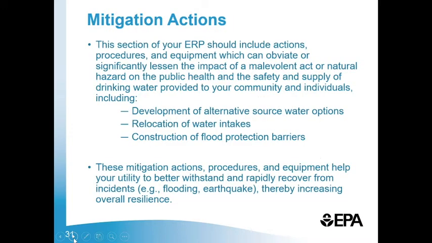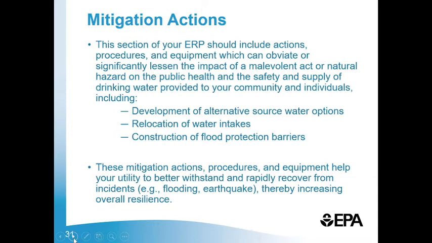Mitigation actions. This section is important because it not only helps you plan for an incident, but it will help outline steps that can be taken to reduce the impact of risk from a future incident. It's more cost effective to mitigate the risk from natural disasters than it is to repair the damage after the disaster. So some examples, you could relocate water intakes, develop alternate source water options, and then construct flood protection barriers.